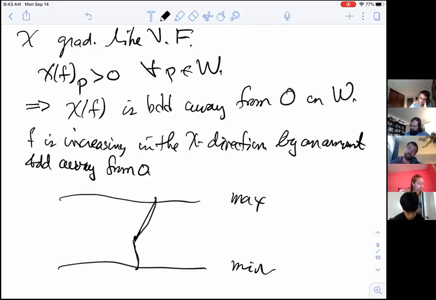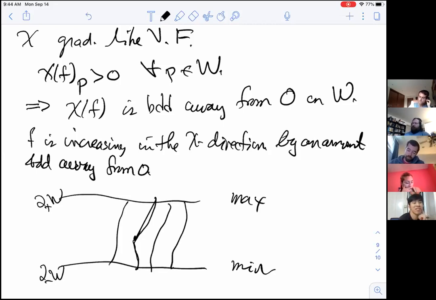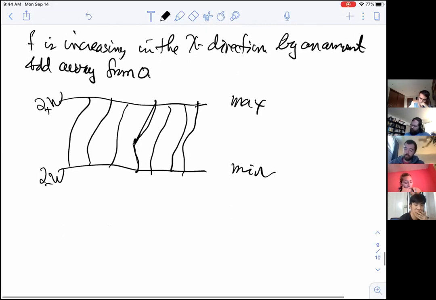Clearly every flow line goes from boundary minus of W to boundary plus of W, since these are inward flowing and here they're outward flowing. So the trajectories of this gradient flow are flow lines that start on boundary minus and end at boundary plus, and F is increasing along the flow line.